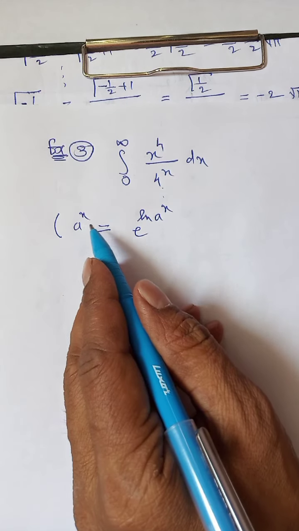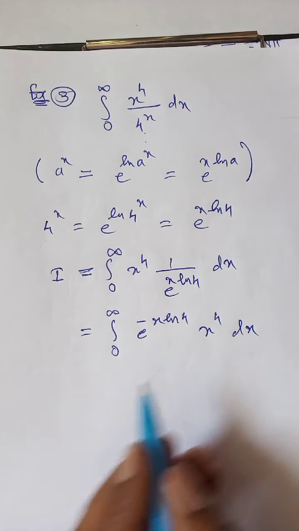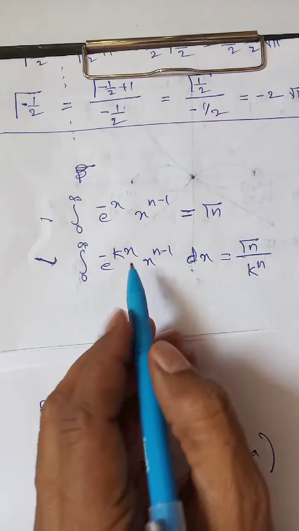So here log 4 is a constant, so it is k, and x to the power 4 can be written as 5 minus 1, so n is 5. So here we are going to use this second definition again.